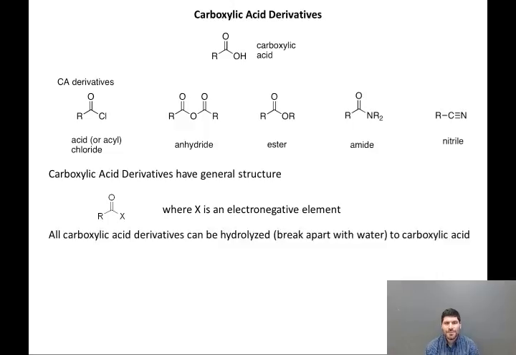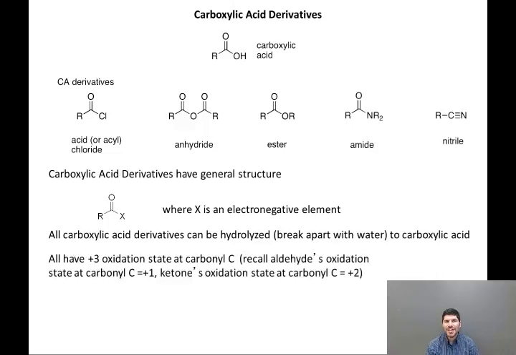Well, the further characteristics that we should be aware of are that all carboxylic acid derivatives can be hydrolyzed, broken apart with water. If they're treated with water, they get converted into the corresponding carboxylic acid, or if it's under basic conditions, the conjugate base of the carboxylic acid, which is the carboxylate anion. So a nitrile fits the bill in terms of this part of the definition.